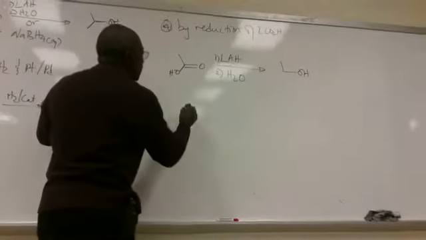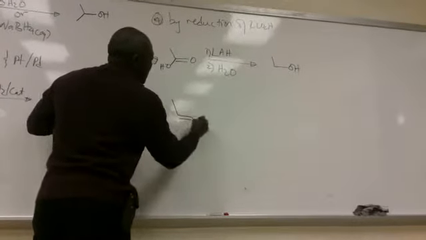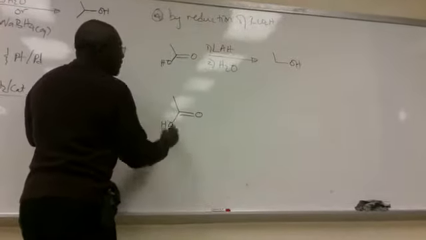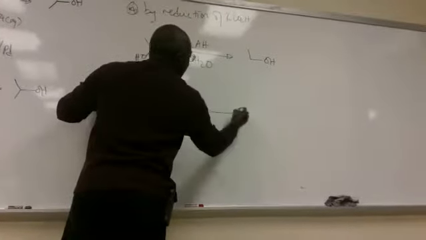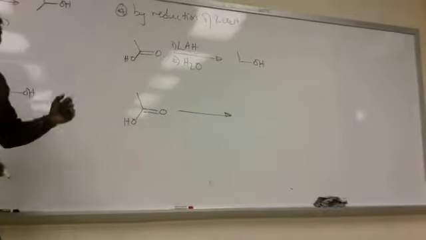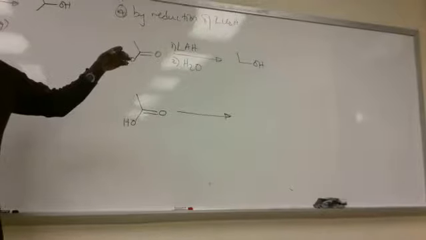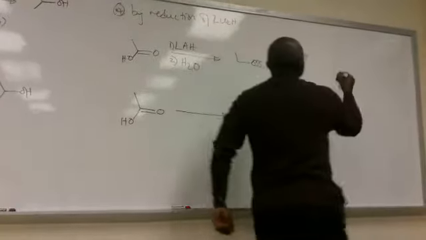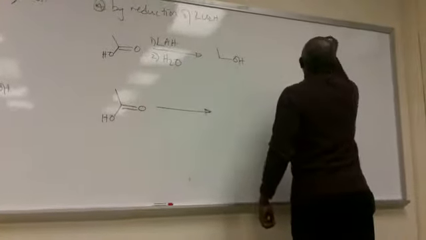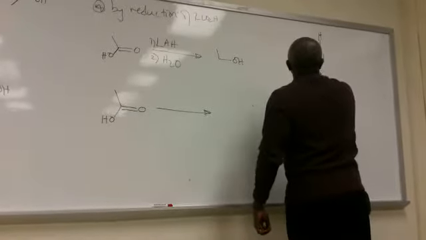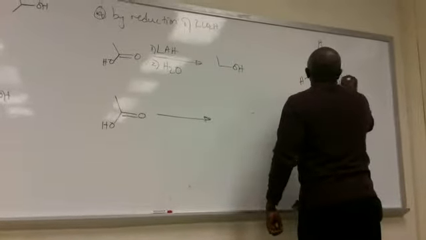Right, one more. I can take a carboxylic acid and reduce it with a derivative of lithium aluminum hydride. If you remember, the aluminum hydride part is the active part. That looks like this.